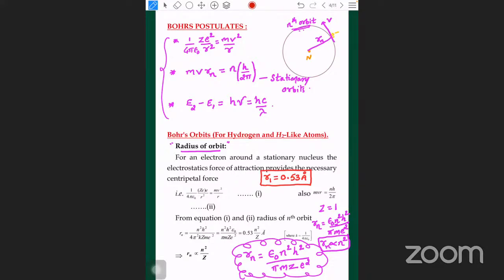Now, can you tell me what is the radius of the second orbit? At least can you tell me how many times R1? R is directly proportional to n squared, isn't it?